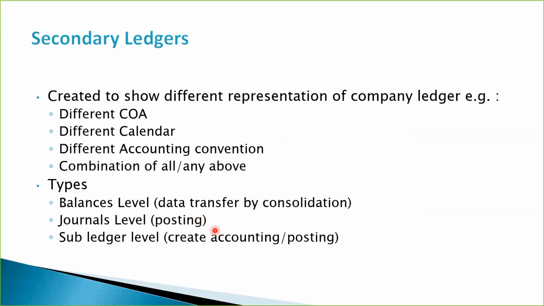So once you hit Create Accounting, a journal is created for both your primary ledger and your secondary ledger. Journals that we enter manually in our primary ledger are replicated to the secondary ledger by the posting program. So for the subledger level, you have these two programs that do the replication to the secondary ledger.